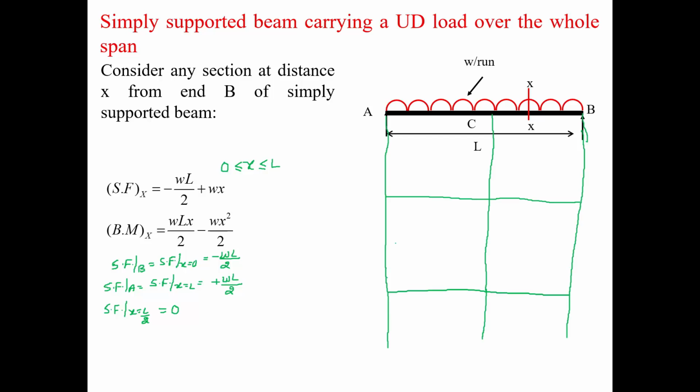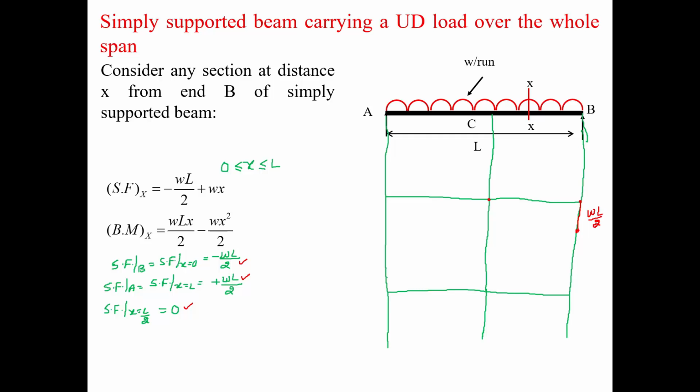So once you obtain these values of shear force at point B, A and C, you can plot them on a curve. So what is the value of shear force at point B? It is minus WL by 2. Let us say it is somewhere here. So minus WL by 2, and at point C it is 0.